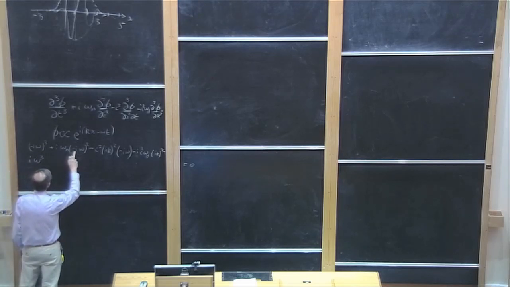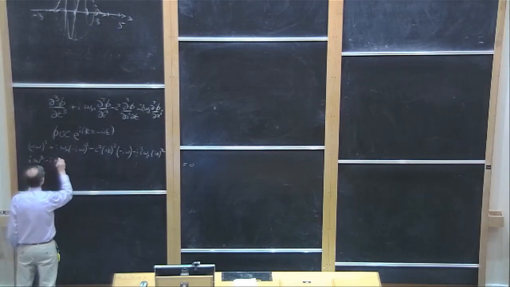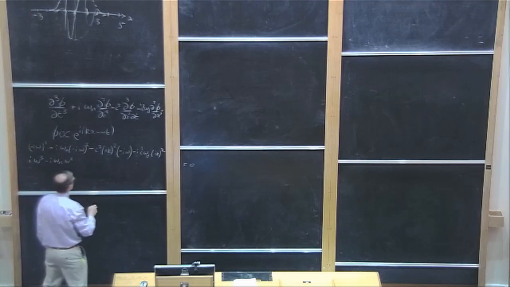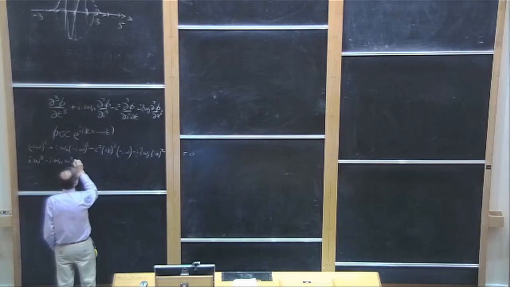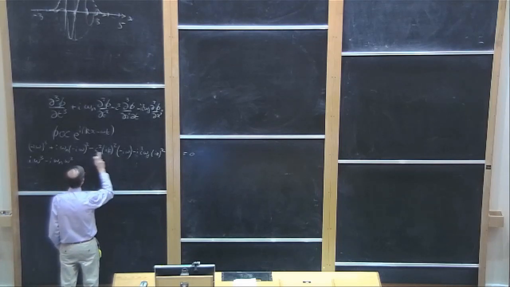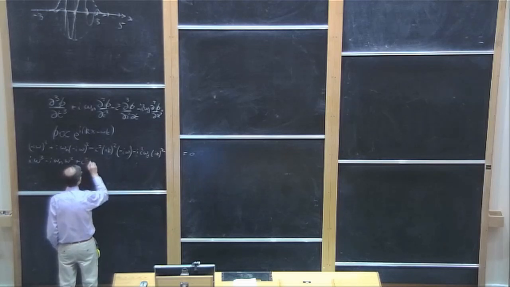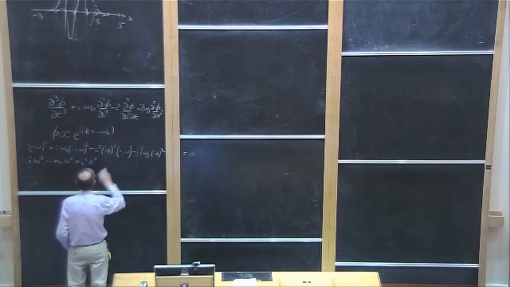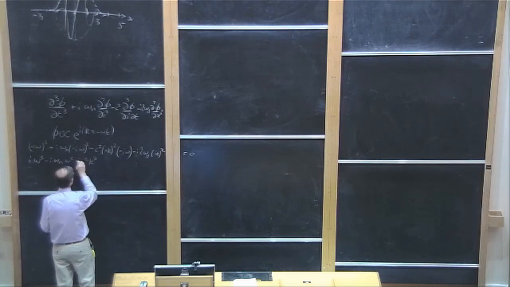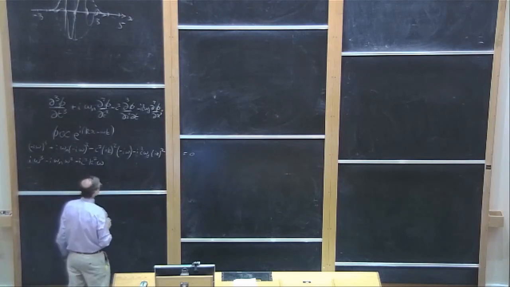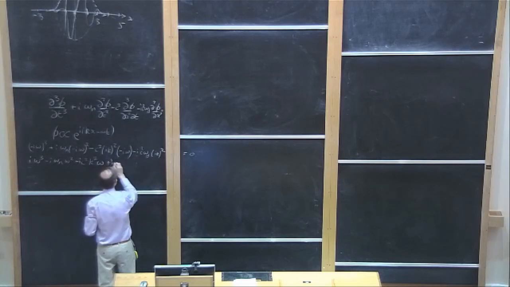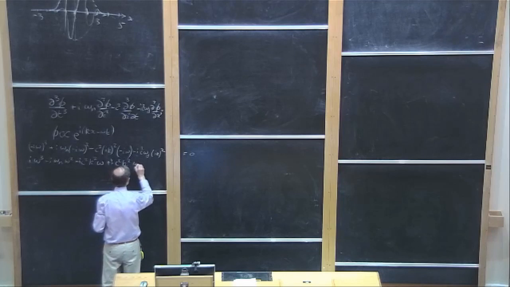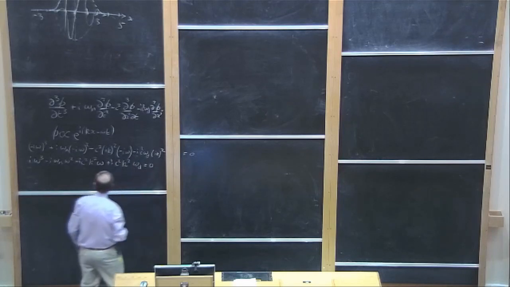Minus i squared is minus, so that's minus i omega_n omega squared, and that's still equals naught. i squared is minus, minus, minus is plus, c squared k squared. Oh, but there's an extra minus there, so that's minus i omega, and then i squared is minus, plus i c squared k squared omega_d equals naught.